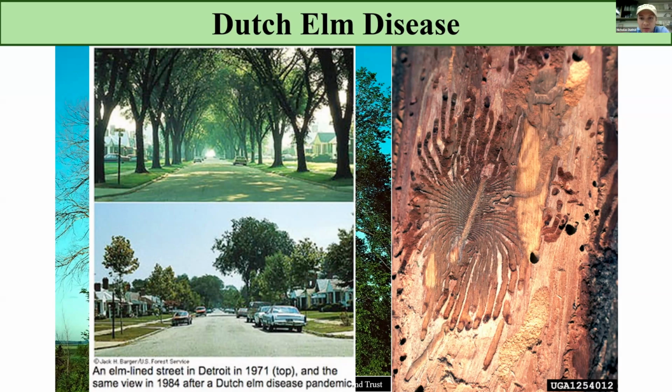And now, really, you don't see mature elms anymore. There was an estimated 77 million elm trees in North America, and mature elms are pretty much non-existent at this point. It's a bit of a misconception that elms are completely wiped out.